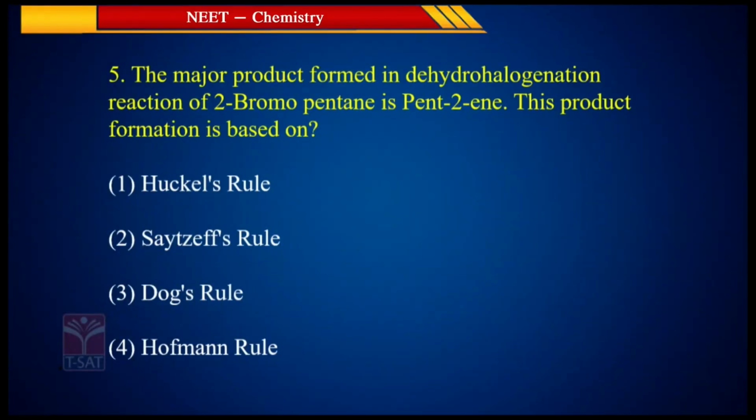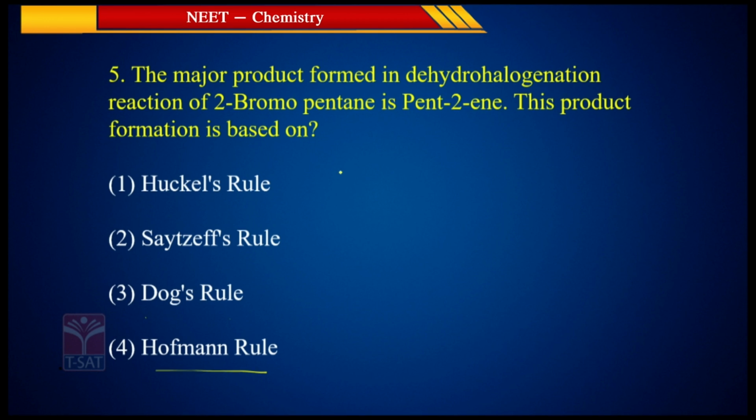Okay, and next question. The major product formed in the dehydrohalogenation reaction of 2-bromopentane is pent-2-ene. This product is formed based on which of the following rules? Option 1 is Huckel's rule, option 2 is Saytzeff rule, option 3 is Dock's rule, option 4 is Hofmann rule.